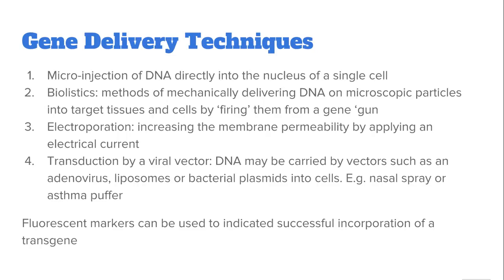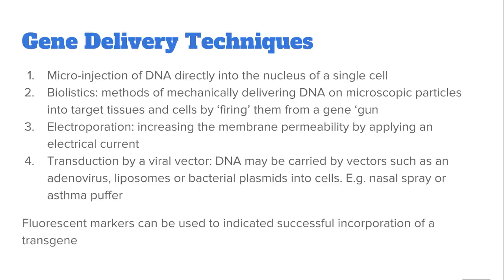So in terms of how we can deliver that gene into an organism, we can have the microinjection of DNA directly into the nucleus of a cell. We have a process called biolistics, where we deliver DNA mechanically on microscopic particles into target tissues, and they're fired into those areas by a gene gun.